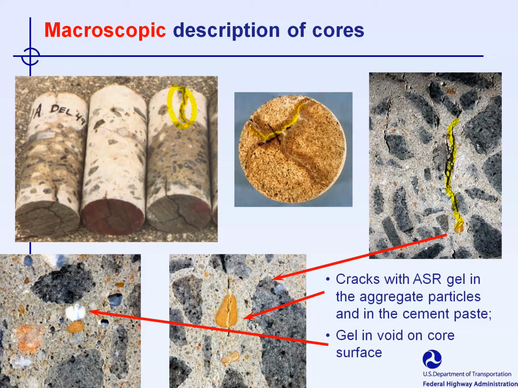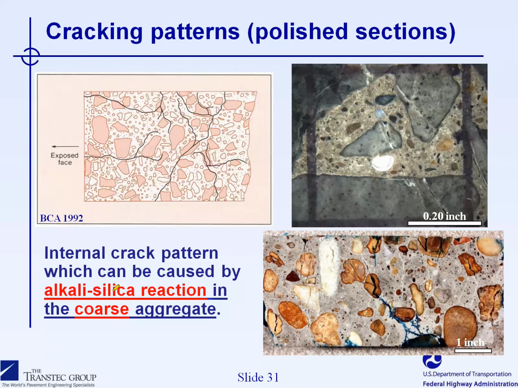Also, when you look with the geologist's lens, you can see the cracks, and sometimes the crack will go through aggregate particle, and already you can see the presence of alkali silica gel in the aggregate particle right there. So those are elements that can be noted right away at the examination of the cores before doing any cutting or slicing or breaking of the cores.